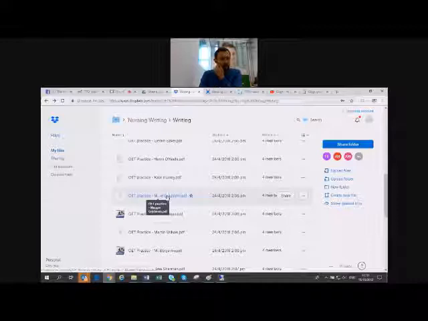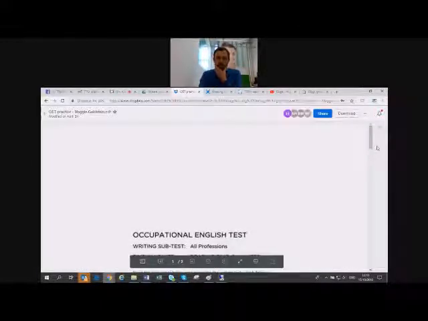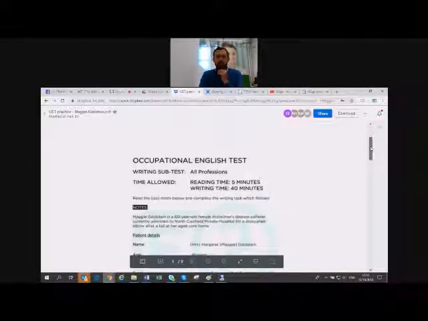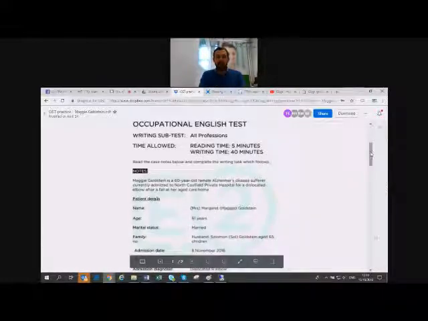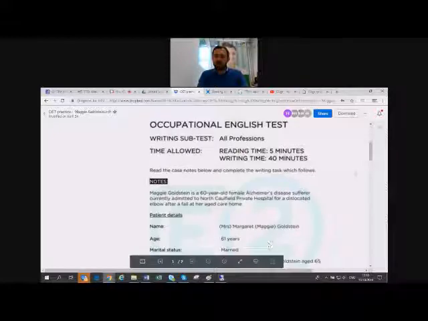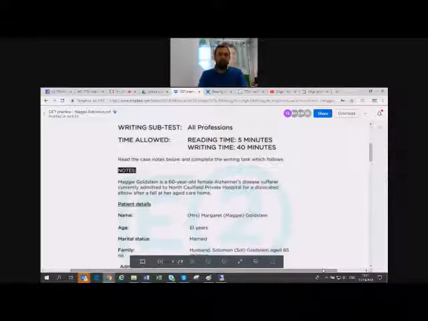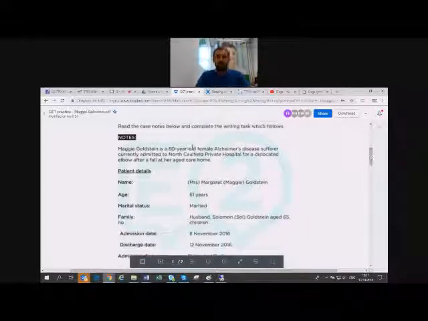If we look at this one, this was a task which was made by E2 Learning, who made the resources for OET for a long time. So if we go and have a look at this, we've got here the summary of who she is.